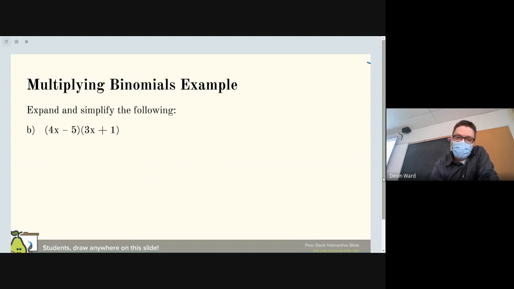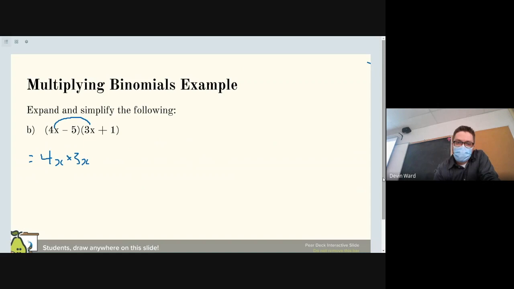So here, we're going to have 4x times 3x. Okay? This takes all this term times all this term. And then multiply the coefficients together, multiply the numbers together, and multiply the variables together.